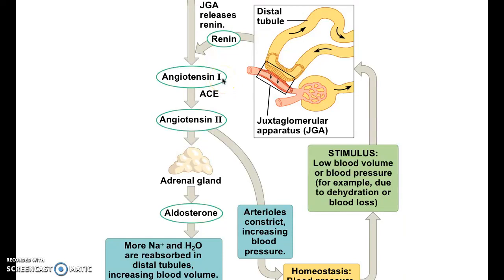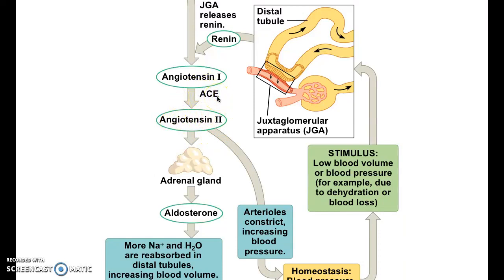Angiotensin 1 is similar to that. It is an inactive form of angiotensin. On one end, it has a couple of peptides. That peptide bond needs to be cleaved and broken up so that it becomes an active form. The active form of that is angiotensin 2.